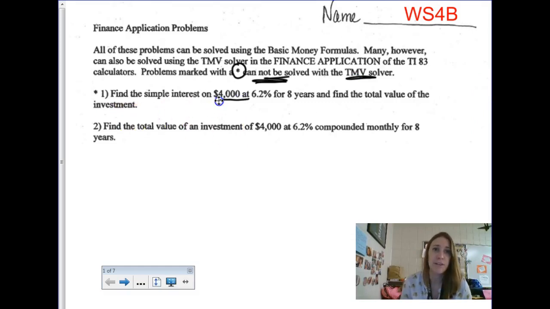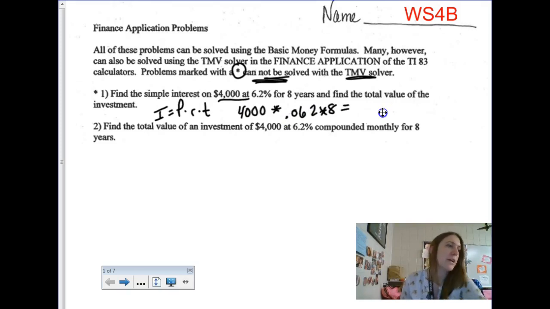Simple interest of $4,000, 6.2% for 8 years. Simple interest formula is principal times rate times time. So if we take our $4,000, and this time we do need to write the rate as a decimal, 0.062 times 8. I already calculated this, so I'm just going to steal my answer. It's going to give you $1984, but that's just the interest.